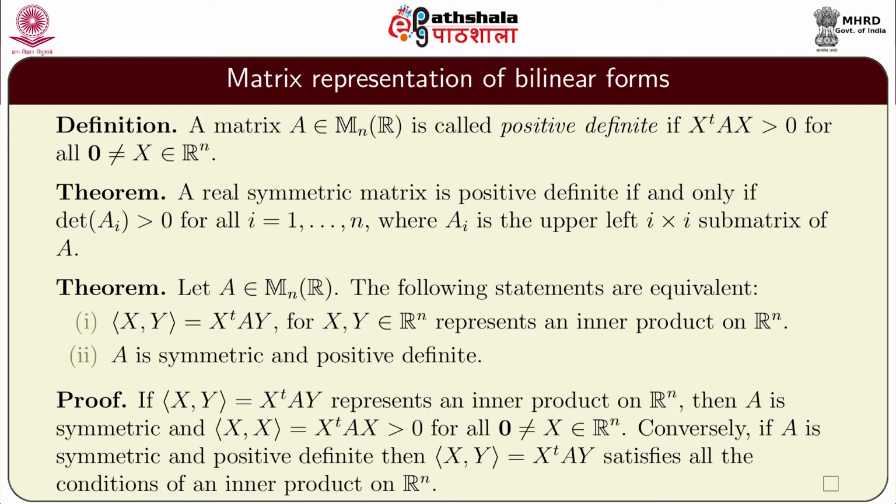Therefore, we have the positive definite property. Conversely, if A is symmetric and positive definite, then this bilinear form <x,y> equal to X transpose AY satisfies all the conditions of an inner product on R^n.